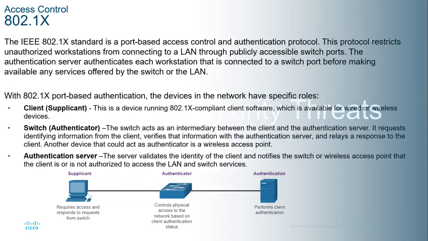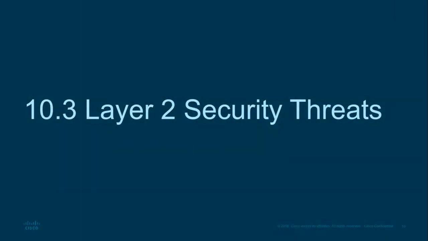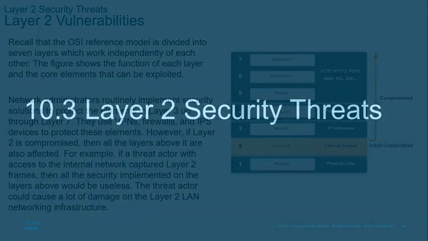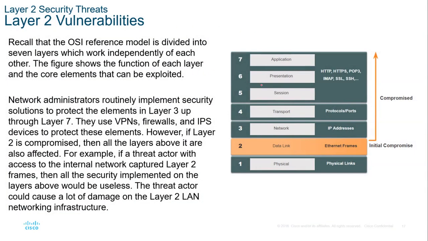So we have what you call layer 2 security threats. Under OSI, we are expecting the data link layer to deal with Ethernet frames.